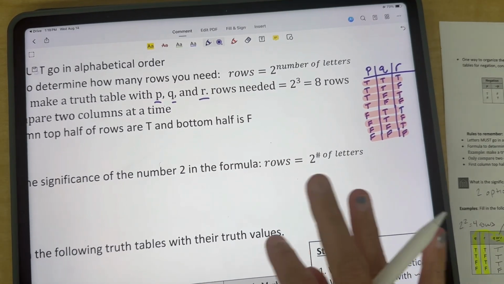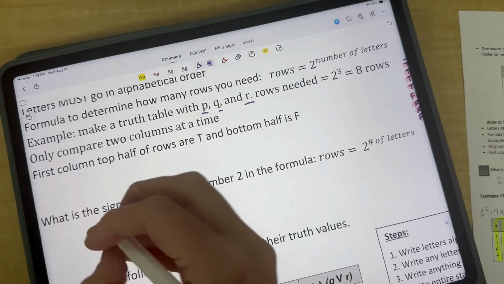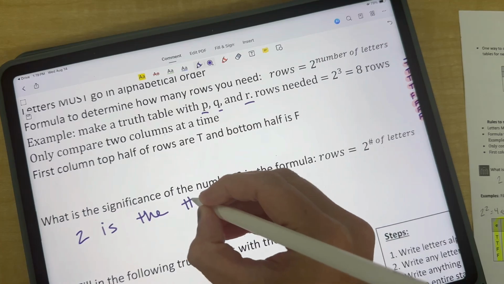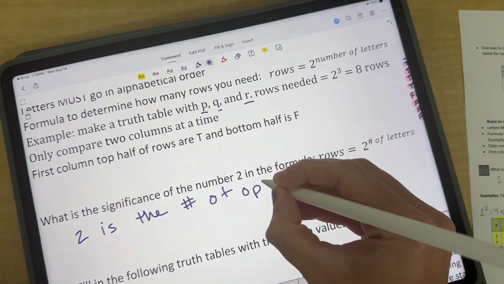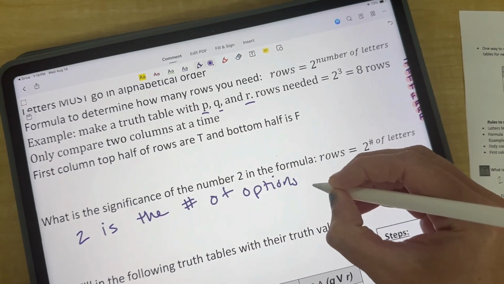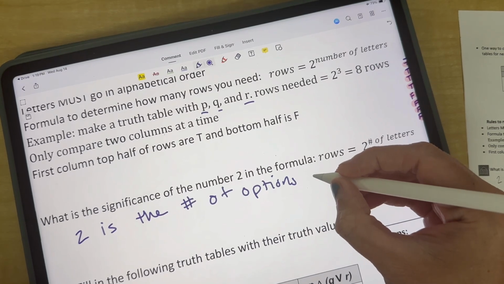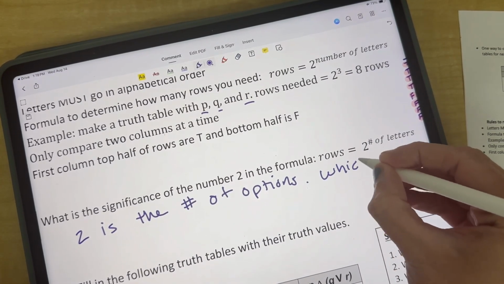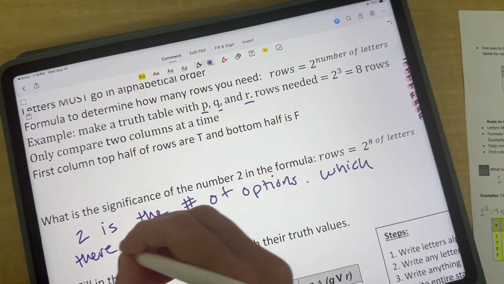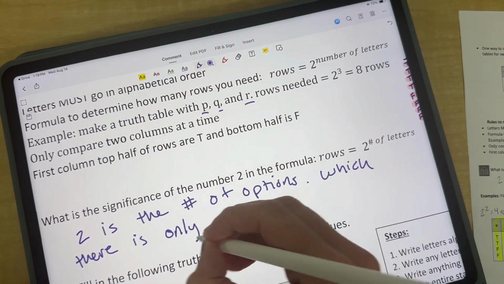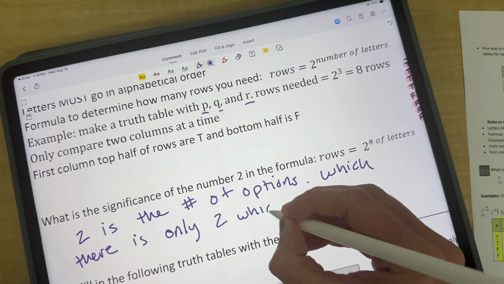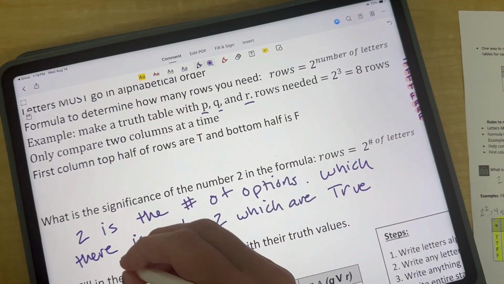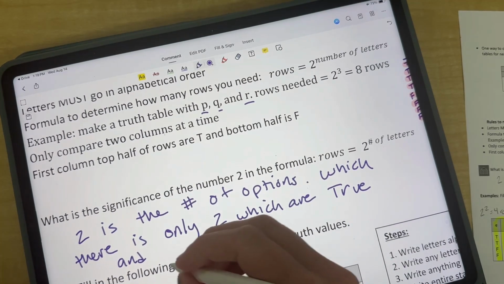So the 2 is the number of options, which are true and false.